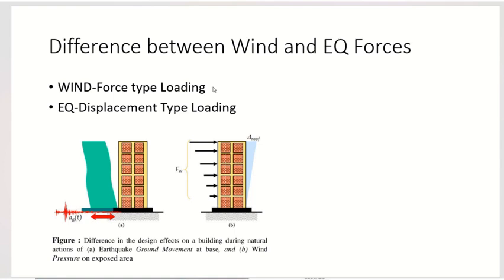And when this seismic energy hits the structure, and the inertial forces cannot handle it, then a displacement will happen in the structure. We can study this deeply in the coming presentations, inshallah. So mainly wind is a force type loading and earthquake is a displacement type loading.